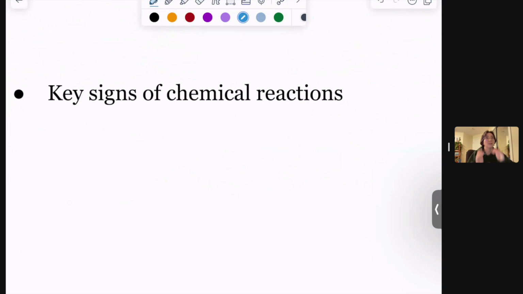Okay, there's lots of signs of a chemical reaction. You're not necessarily going to have all of these. Sometimes you might not even see any of these, but if I'm making observations in a lab and I want to say, I think a chemical reaction just happened, here's a few key things that we might see. An unexpected color change.